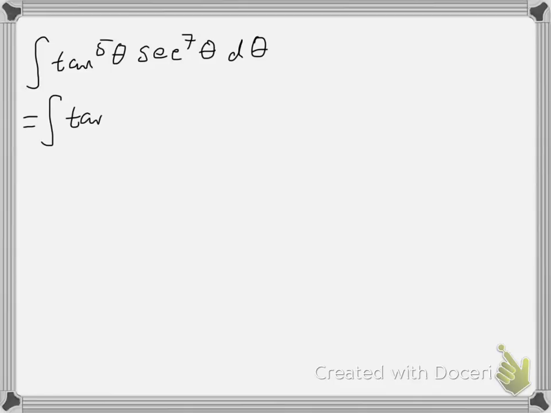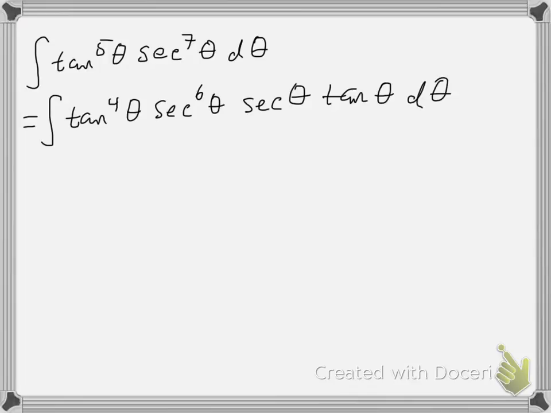Let's see, we wanted to find the integral of tangent to the fifth theta times the secant to the seventh of theta d theta. Let's try to figure out how to work with this. Well, let's try to rewrite the integral to be tangent to the fourth of theta times the secant to the sixth of theta times the secant of theta tangent theta d theta.